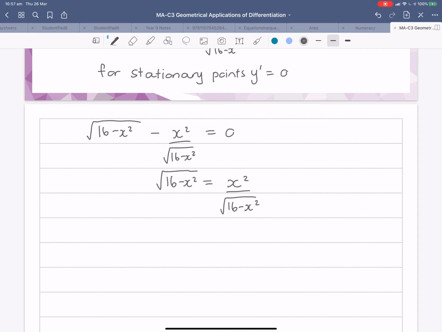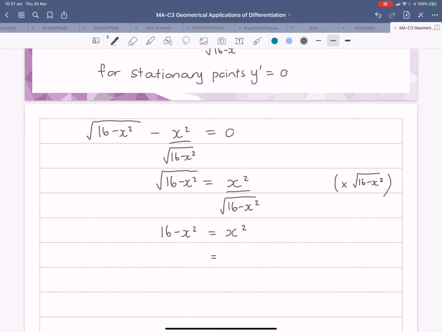So my next step, I'm going to multiply both sides by square root of 16 minus x squared. So what we're left with on the left-hand side is just 16 minus x squared, and what we're left with on the right-hand side is just x squared.